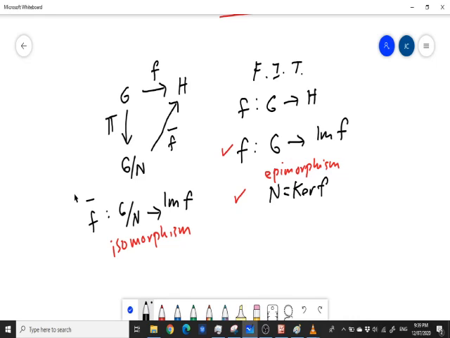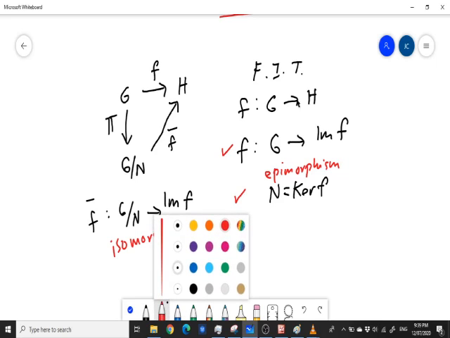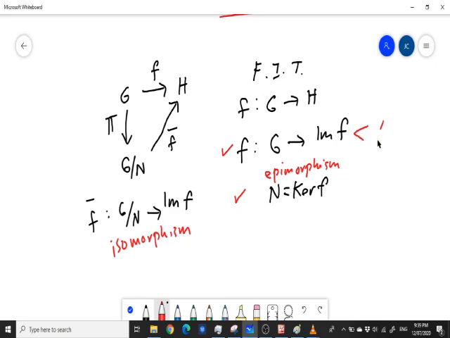So f bar from G mod n to the image of f. Although it is not shown, the image of f is a subgroup of H. Maybe it will be shown later on.